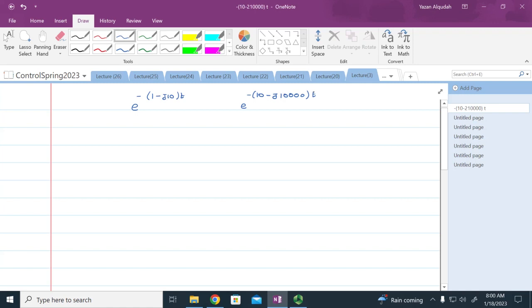First one? Which part is going to affect the magnitude of this number? The real part. So this is what I want you to keep in mind. This part is what's going to affect the magnitude.